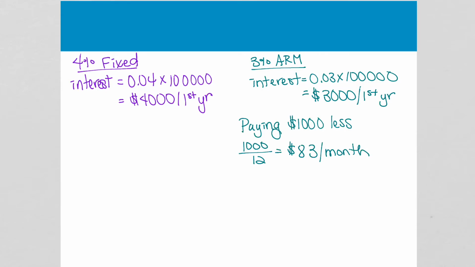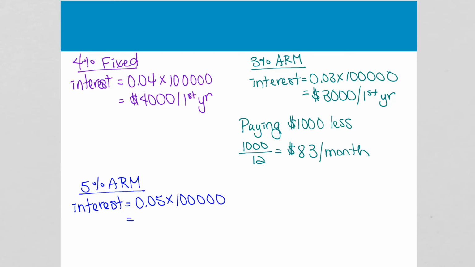But it says that it changes to a 5% ARM in 3 years, which means that third year, you're paying $5,000 in interest, which is $1,000 more than the fixed rate.